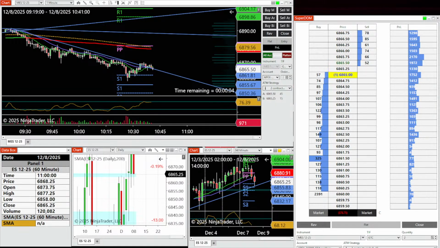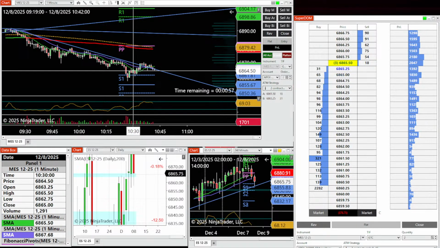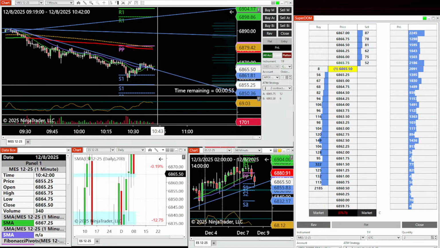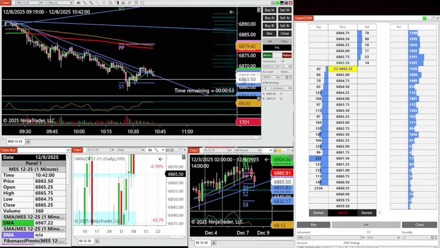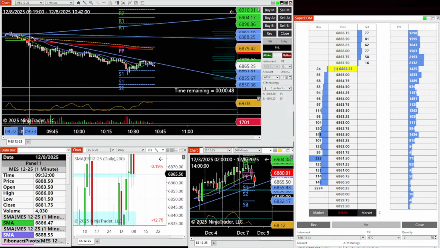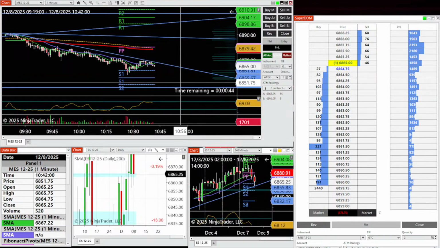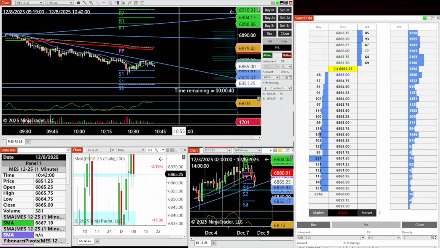Part back into the 65 area. Another 4-minute bar opens up, and a 15-minute bar opens up in about 3-4 minutes.